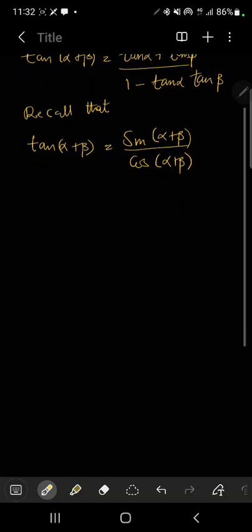Remember that sine(alpha plus beta) and cos(alpha plus beta) are compound angles.